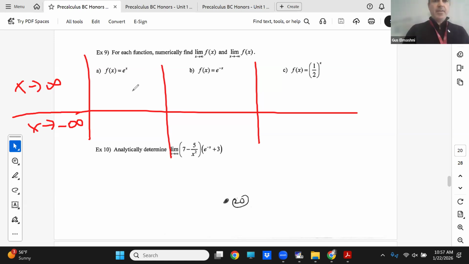What's the difference if they ask you to numerically find the limit and graph? Pulling large numbers numerically. Yep.